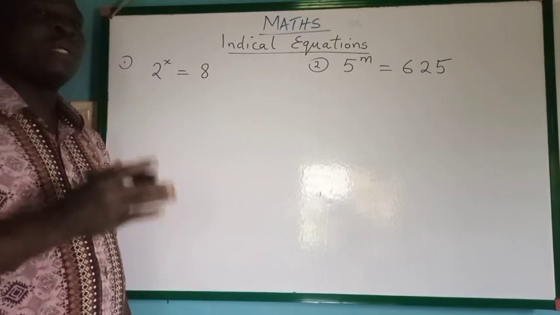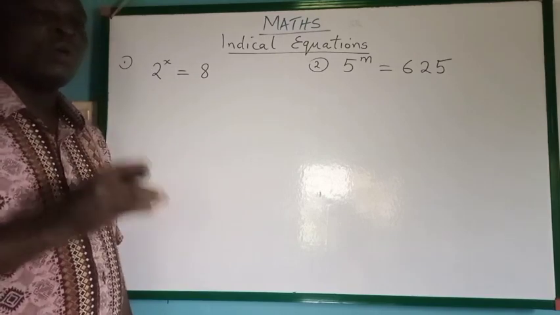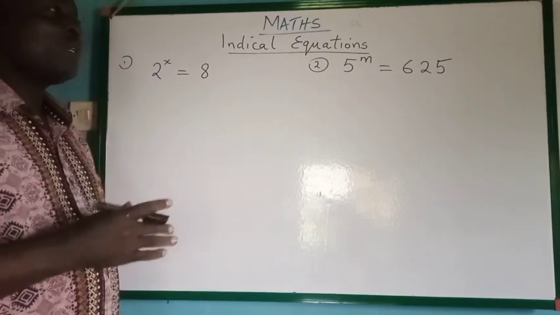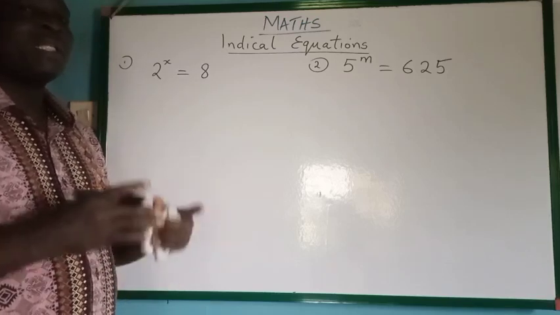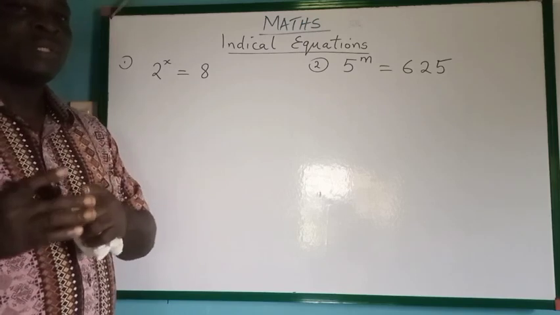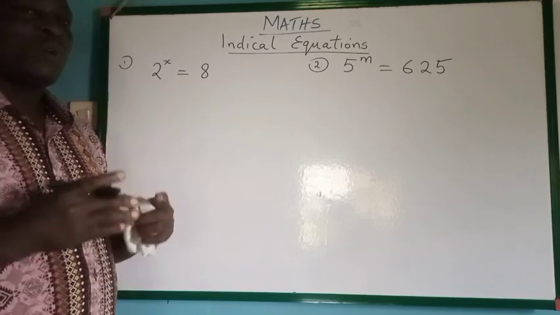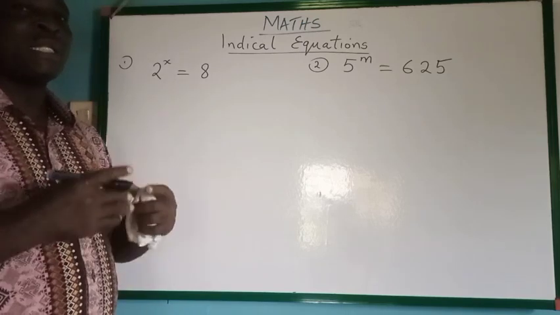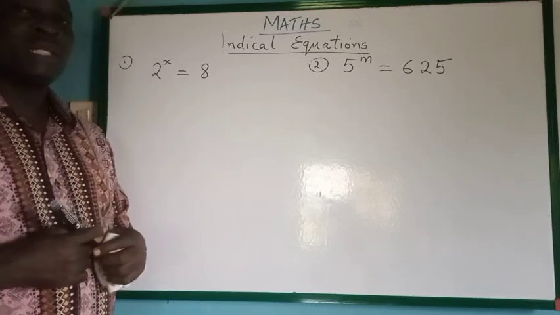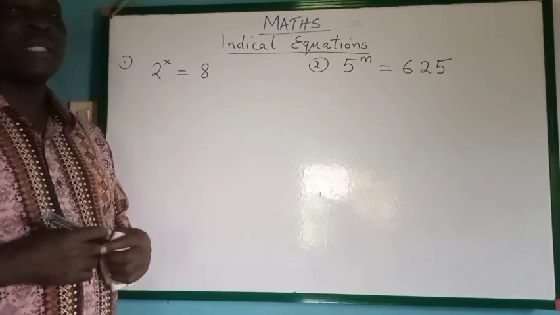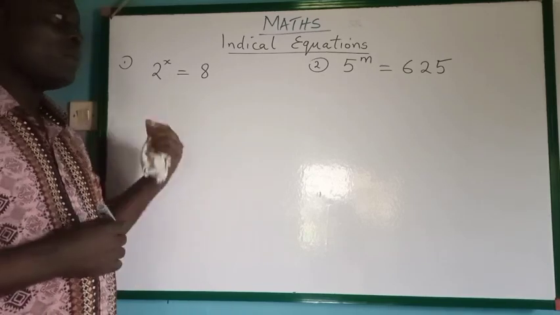That is why you call them equal expressions or equations. So it means that whatever is on the left hand side is equal to the one that is on the right hand side. If we are able to express this equation in its simplest form, we can get values of unknowns if they are included in the equation. So let us see how we can get the value of x from this equation.